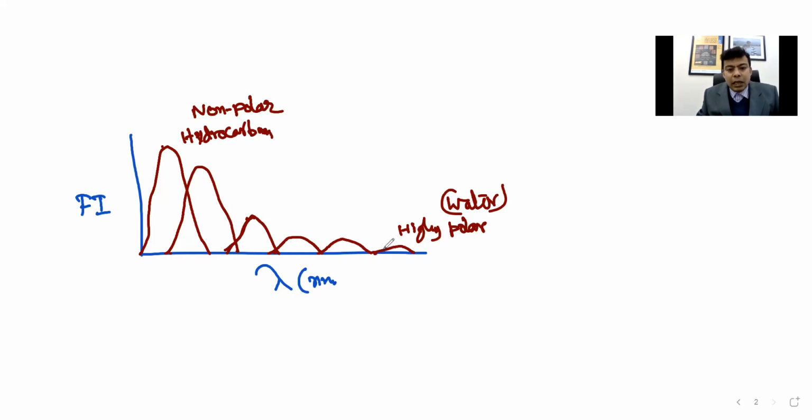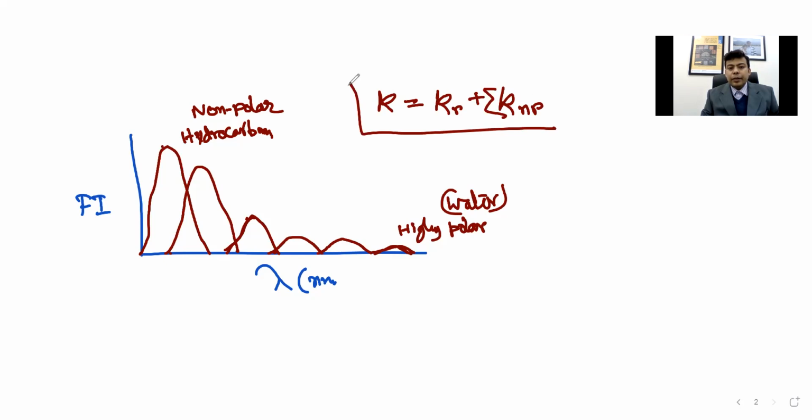So what you're going to see, Stokes shift is going to be the largest in highly polar, that is associated with much weaker fluorescence, because much of the decay happens through KNR, okay, non-radiative decay. And of course, KR is, the observed rate is basically the summation of different rate constants, okay?